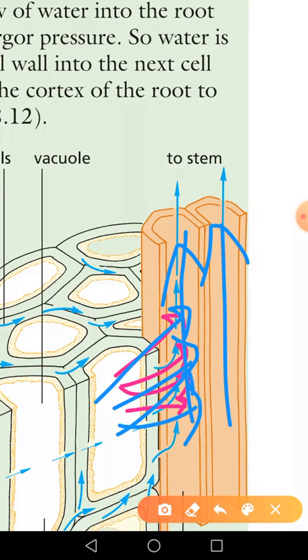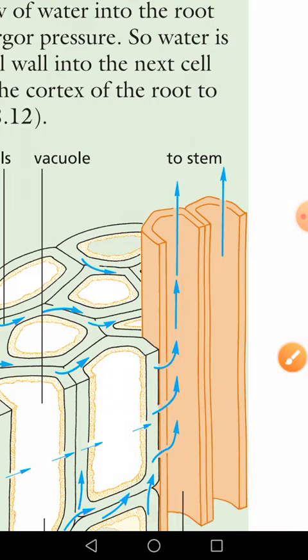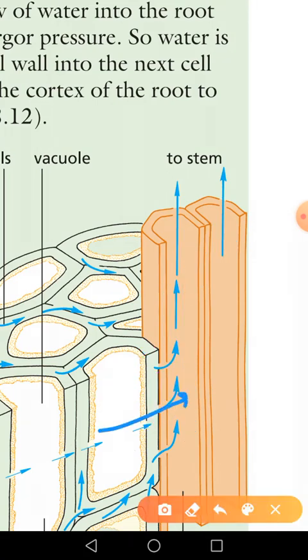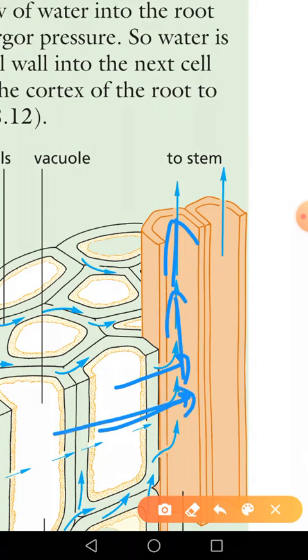So, as more water enters the xylem, water continues to move up. There is a force or pressure created on the xylem by which the water is moving up, and this pressure is created by transporting ions serially into the xylem vessel.